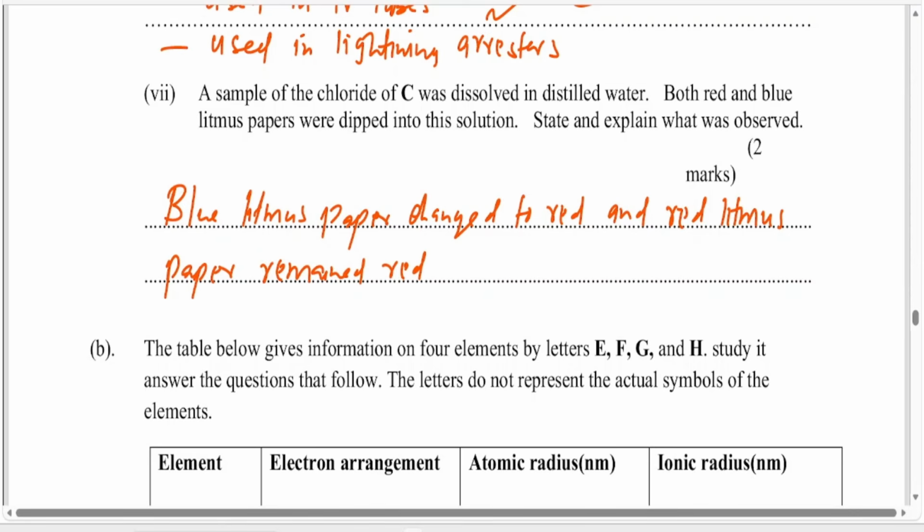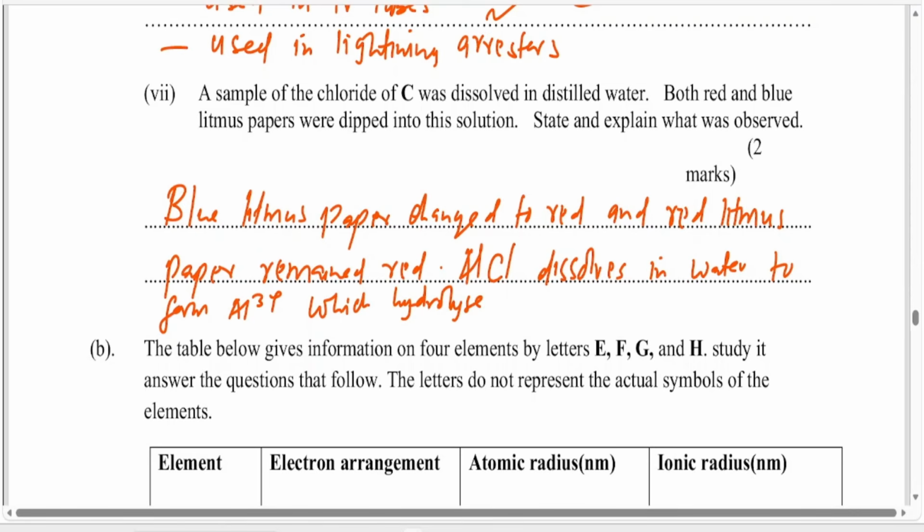And while aluminium chloride dissolves in water to form aluminium ions, which hydrolyze with water, or react with water, to produce hydrogen ions.